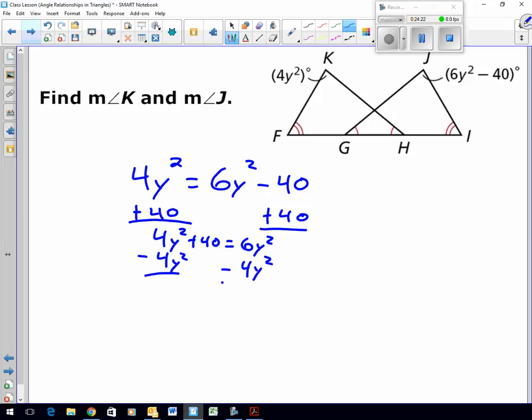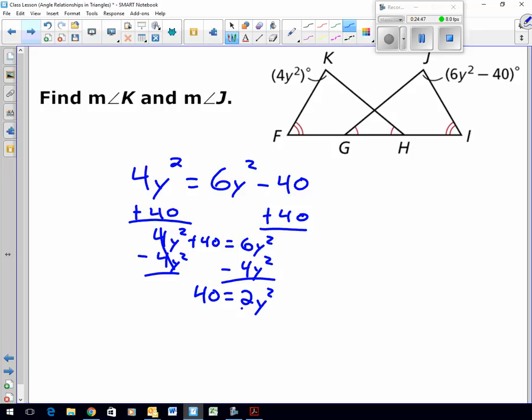You don't have to do it that way, but to me, that's the simplest way. I've got 2y squared equals 40. How do I solve for y? First thing I do is divide both sides by 2.